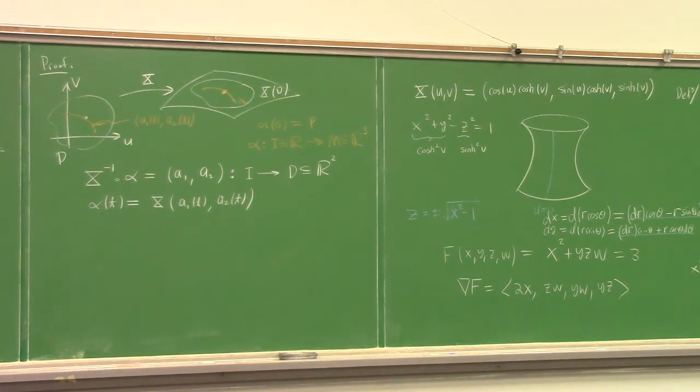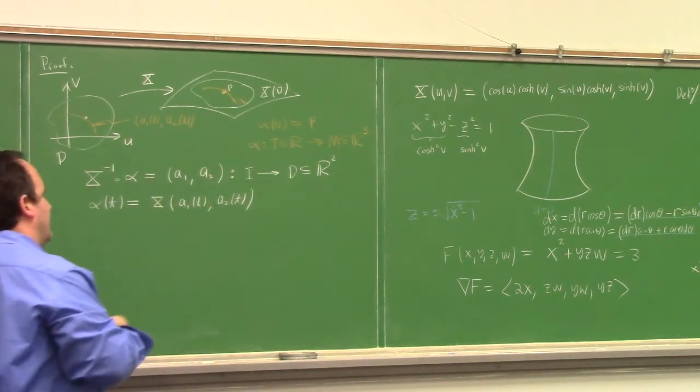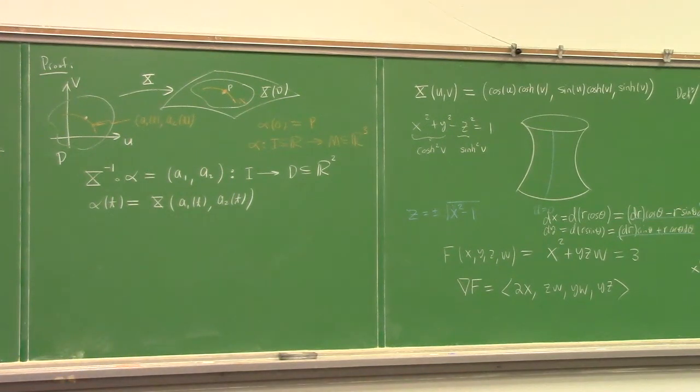Alpha prime of 0 is a tangent vector to the point P here, and we'd like to describe what it looks like. My goal is to prove the theorem, which says that it's a span of the u and v partial derivatives.